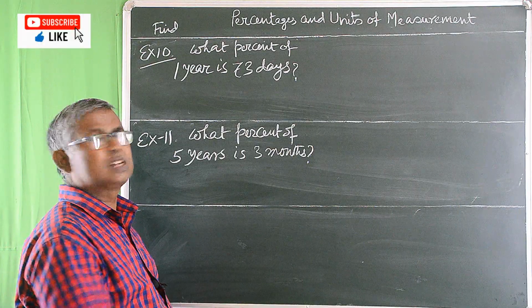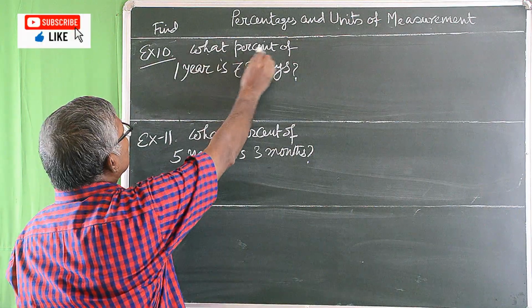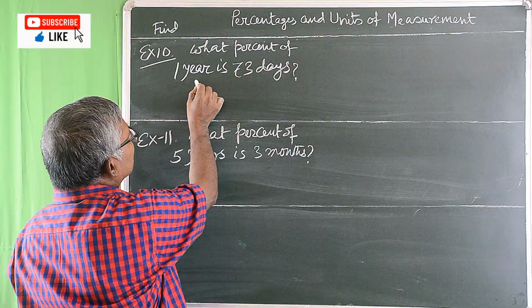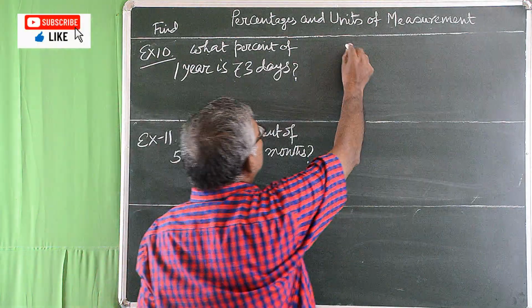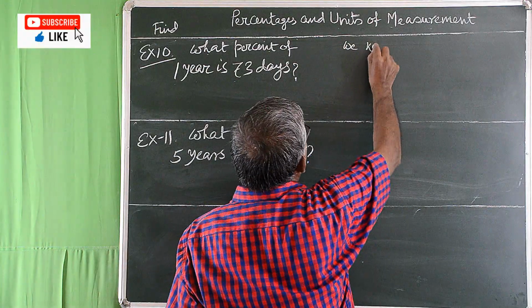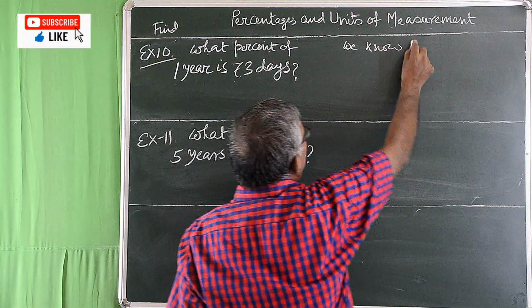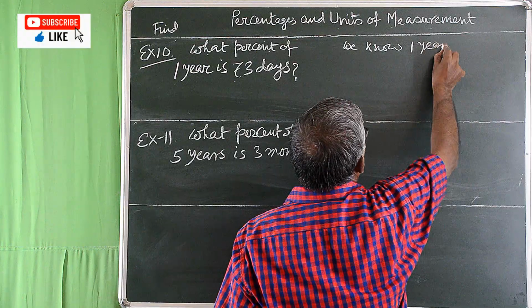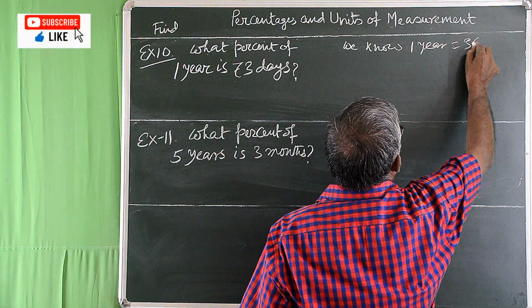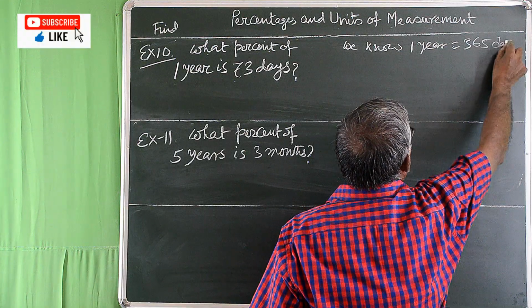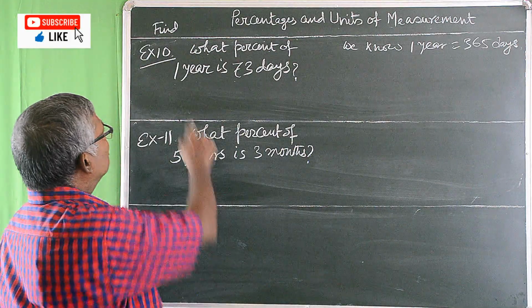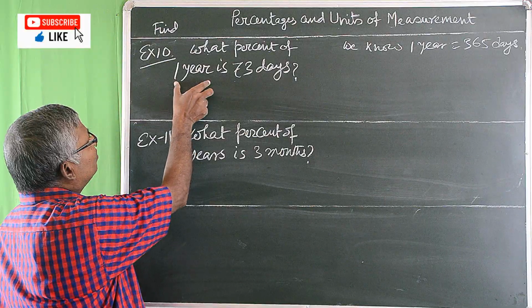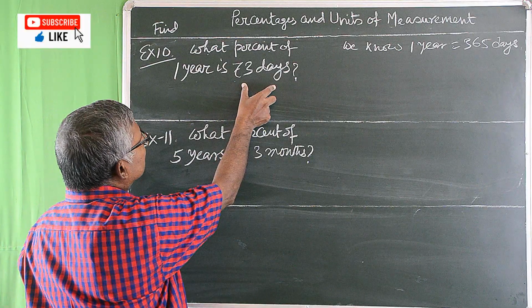Students, let us consider the problem. What percent of 1 year is 73 days? Students, we know 1 year equal to 365 days. Students, both the numbers must have the same unit.